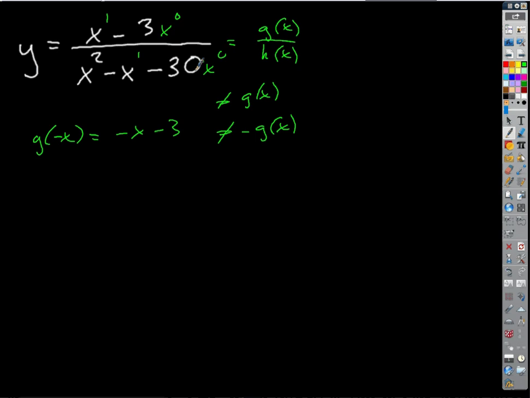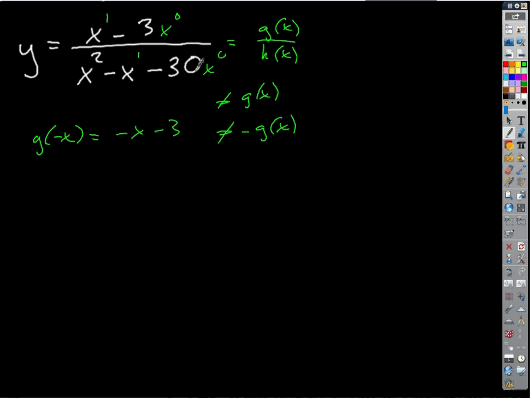Say I had a rational function where the top polynomial was even and the bottom was even. What's the overall symmetry going to be? Even, yes. What if the top was odd and the bottom was odd? Even. Exactly, it's going to be even. Can you see why that is?